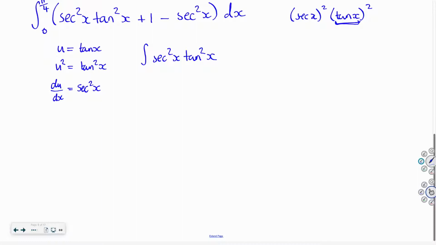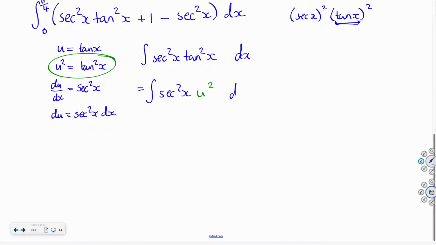So I'm going to multiply by du to get sec squared x dx here, and now I'm going to substitute everything in that I know. We're going to have the integral of sec squared x, and the tan squared x is going to become u squared, and we're still integrating this with respect to x. What have we got left over with x's in?